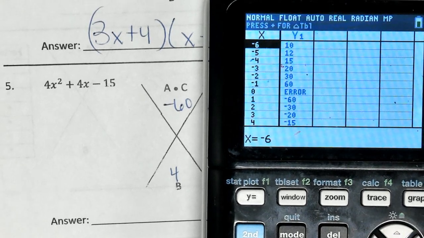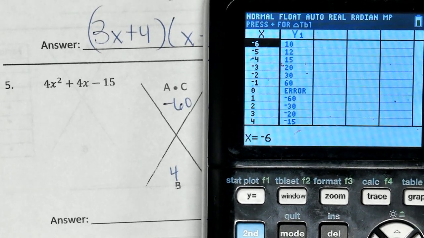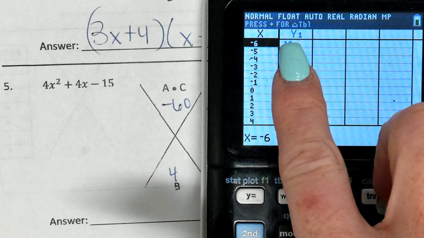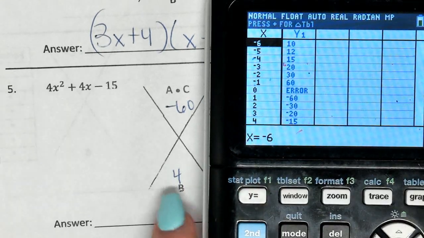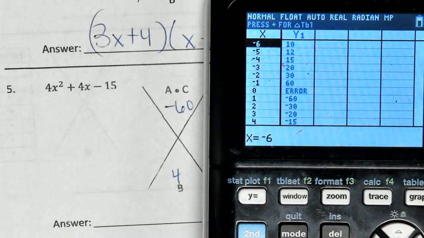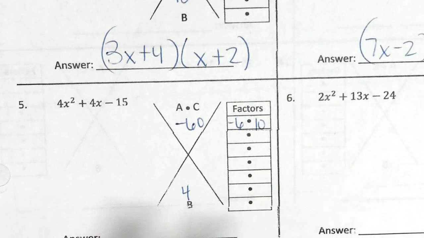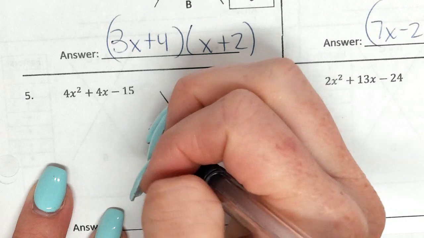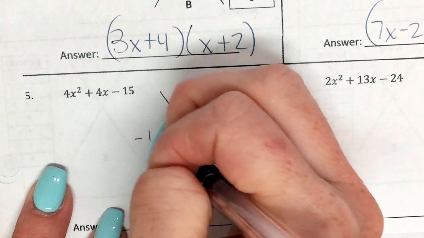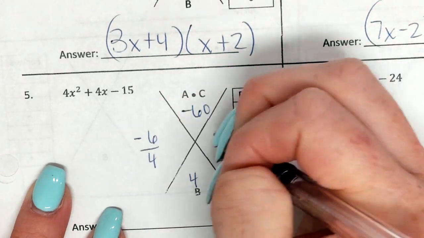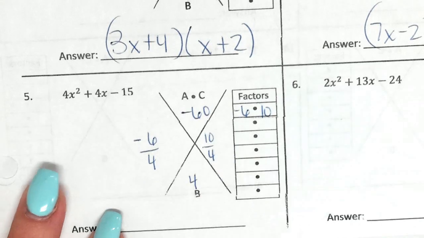Y'all see it? Yes? Negative 6 times 10 will give me positive 4. So I have negative 6 over 4 and 10 over 4.